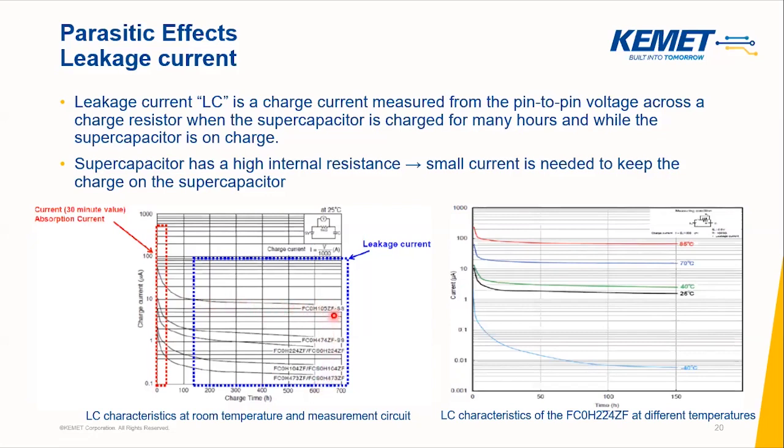It also differs between capacitors, and the leakage current is affected by temperature as well. So if leakage current is one of the criteria for your application, you need to check your operating temperature and what the leakage current will be at that specific temperature.